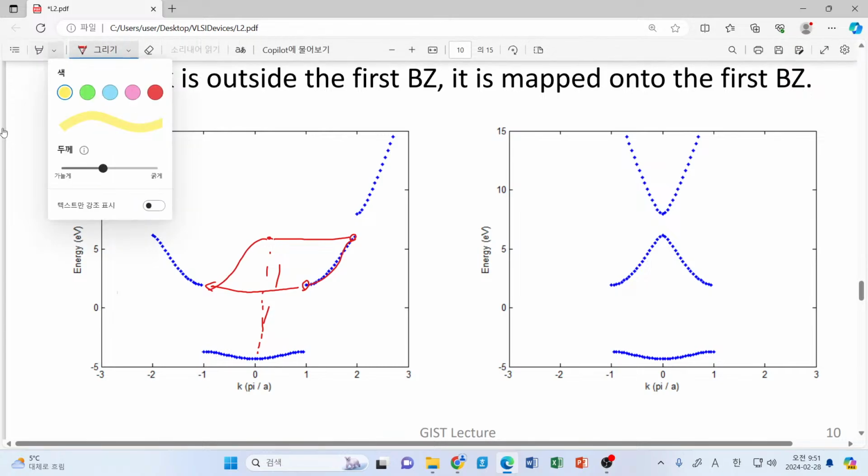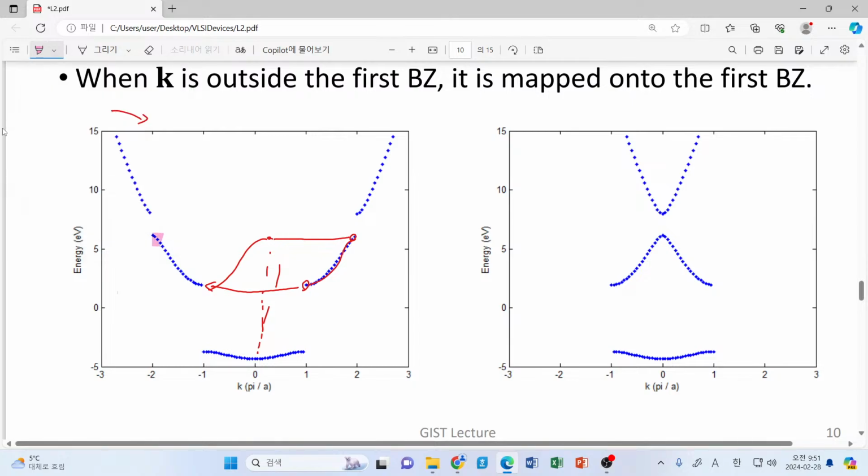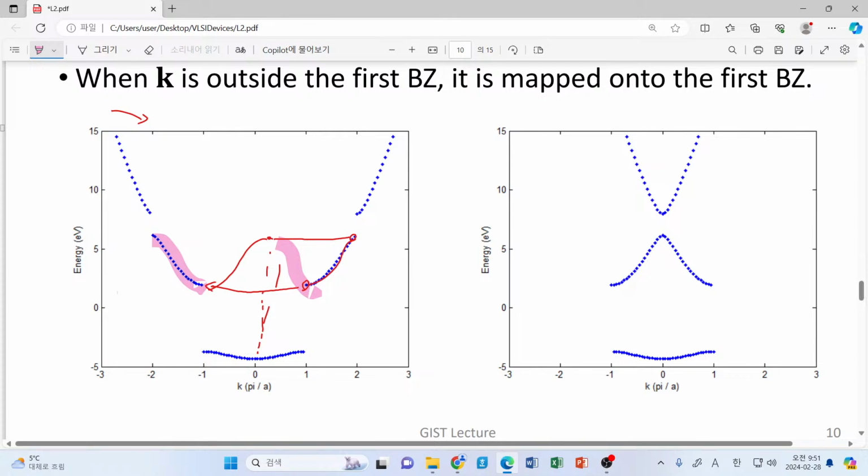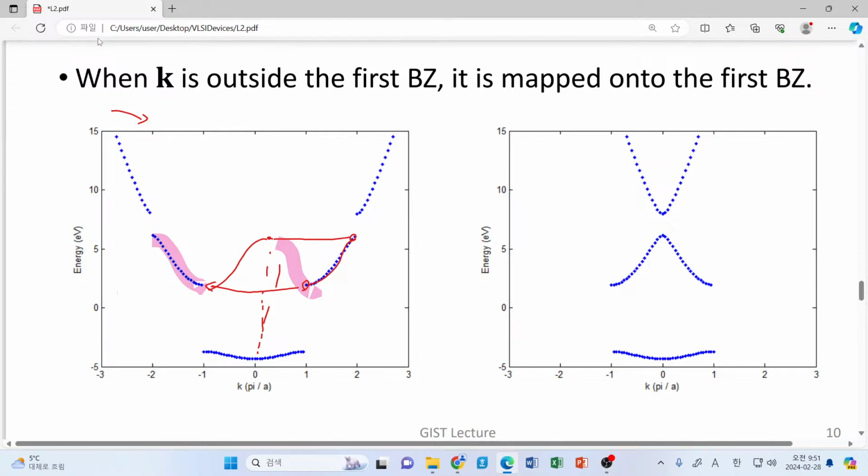And if I use a different color for this branch, then it will be mapped this way. So although they look symmetric, their transition strictly follows the rule of periodicity.